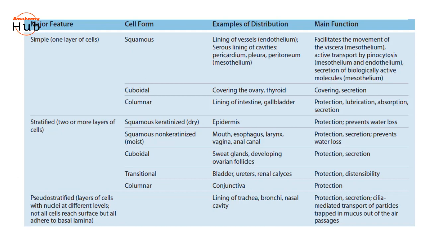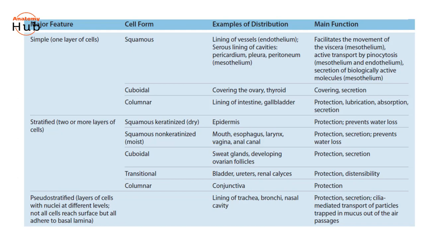Now the functions of epithelial tissue. Based on the location, epithelial tissue performs a number of functions: protection, transportation, secretion, absorption, and receptor function. First, protection. One of the most critical functions of epithelial tissue is protection.